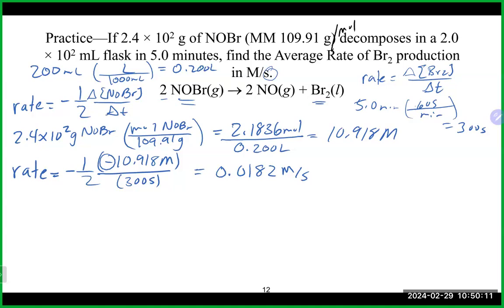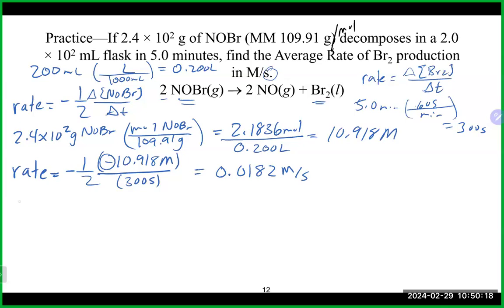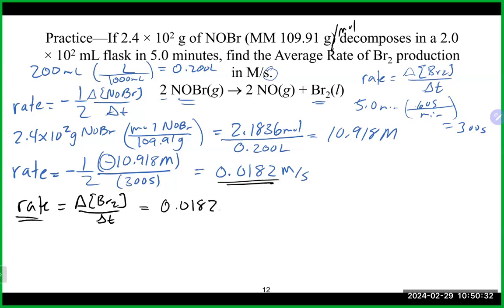So we got that, which now we can turn to our rate expression for our Br2, which is the change in the concentration of Br2 over the change in time. And that equals the rate, which is this number right here, which means that would be our number.